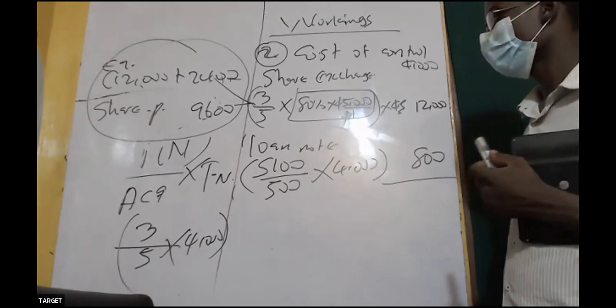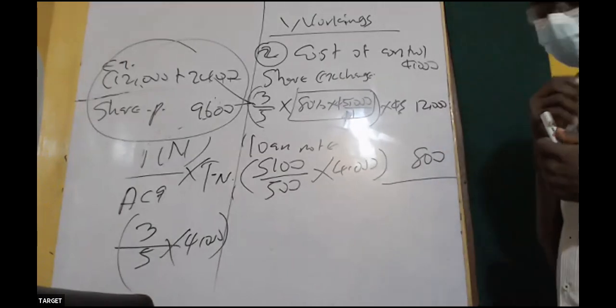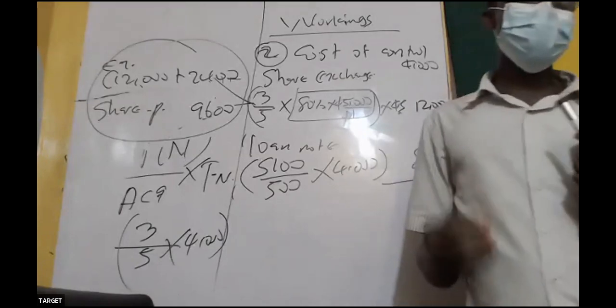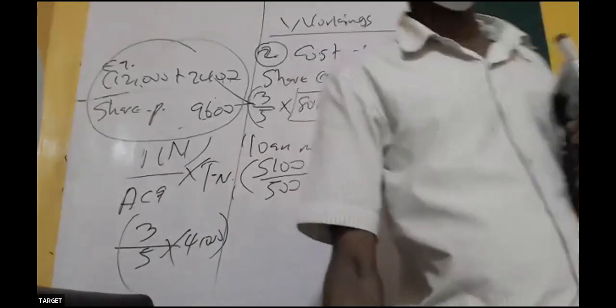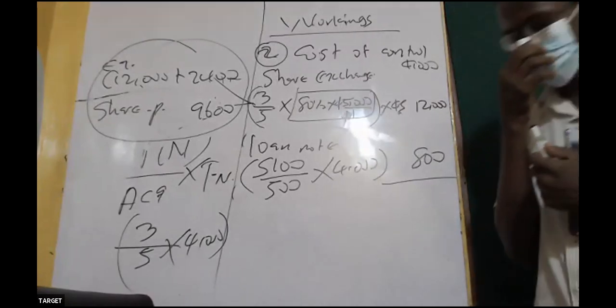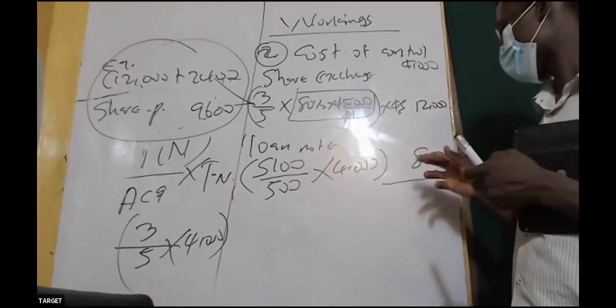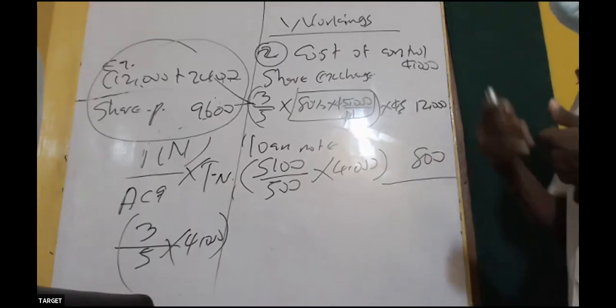So, okay, here we have issued a debt to acquire a subsidiary. So that is the loan, that 800. In fact, how do you calculate the value?